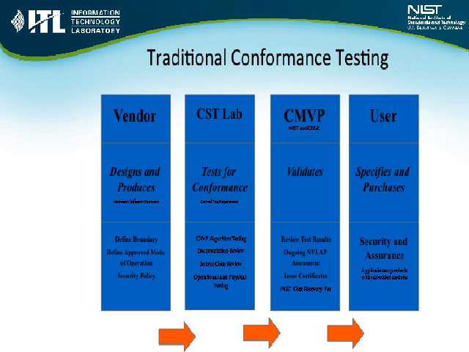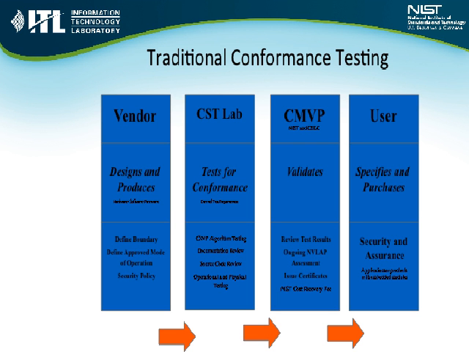Let's start with traditional conformance testing and why we're doing what we think we need to be doing. So the traditional conformance testing is shown on this diagram, and it basically goes linearly from left to right, where the vendor designs and produces modules. They define the boundary of what they think the module should be, figure out what services go into the module, the approved mode of operation, write the security policy, and so on.